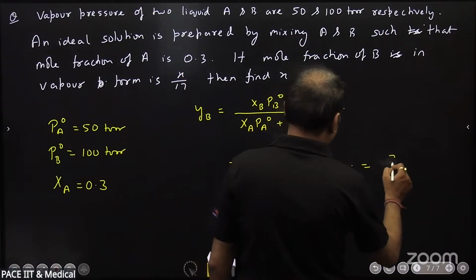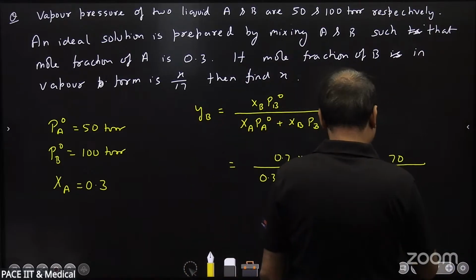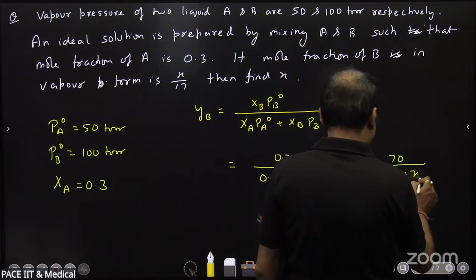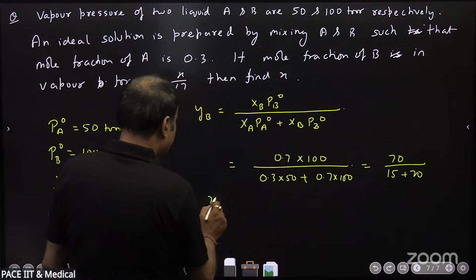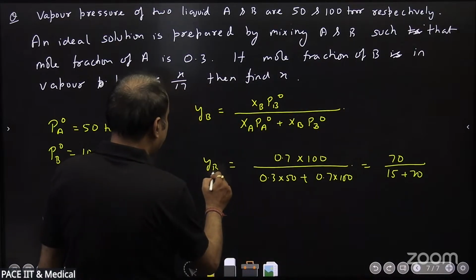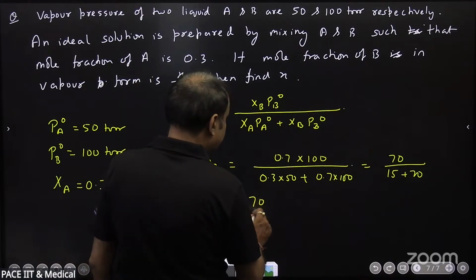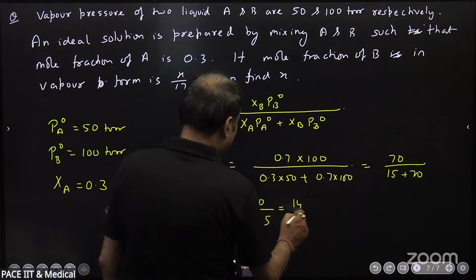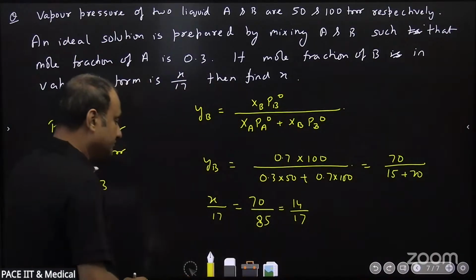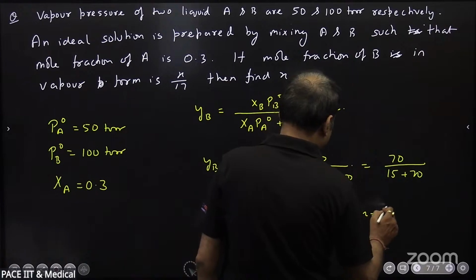So that becomes 70 upon 15 plus 70. So this YB was given to us as X by 17, which is 70 by 85 or 14 by 17. So that gives us the value of X as 14.